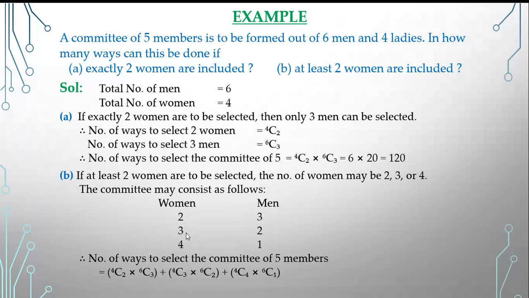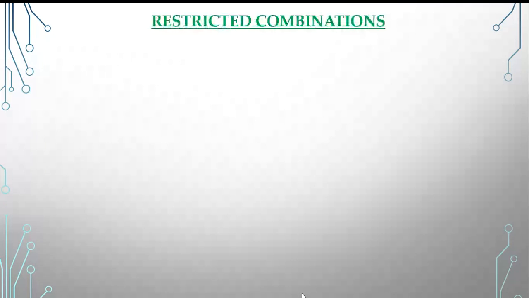Similarly we choose 3 out of 4 women, 4C3, and 2 out of 6 men, 6C2. Here we choose all 4 women out of 4, that is 4C4, and 1 out of 6 men, that is 6C1. After that we add these, and we get the selection of the 5 member committee.